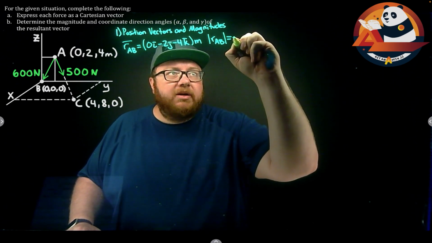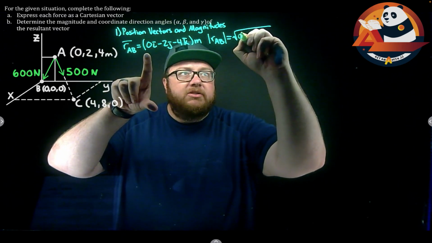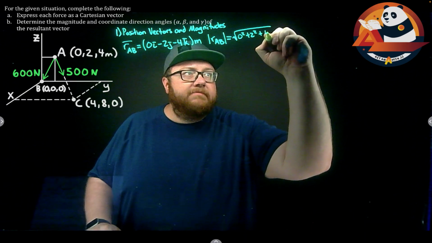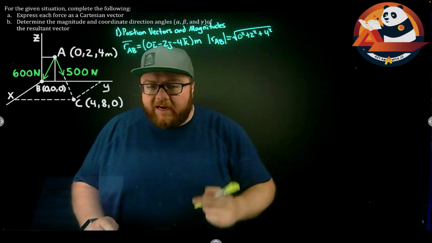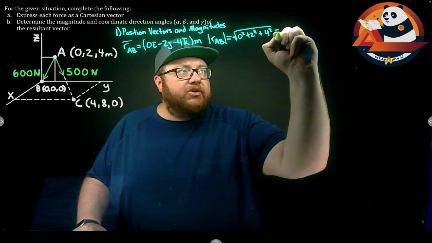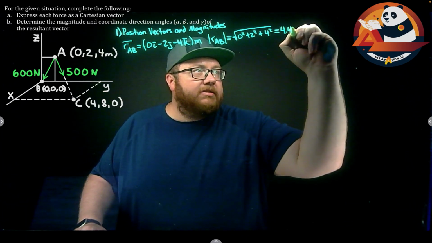This should be the square root of 0 squared plus 2 squared plus 4 squared. I'm ignoring the negatives because when I square it, they will go away anyway. This gets me 4.472 meters.